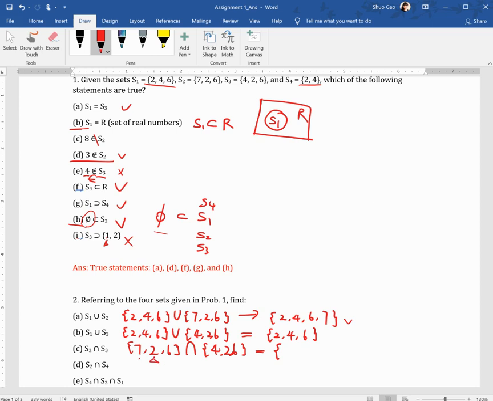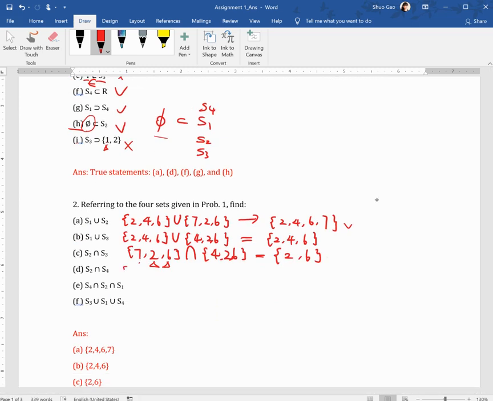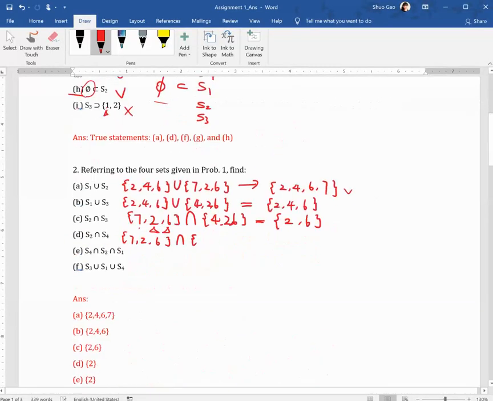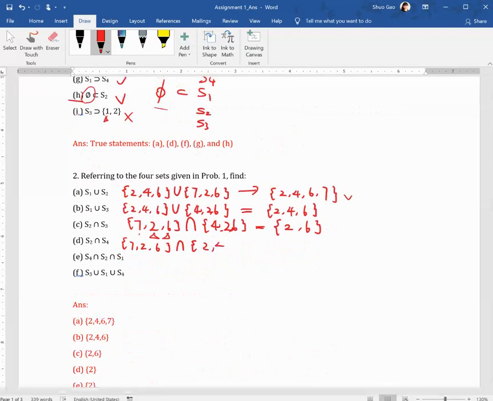So the 2 common, or shared, elements are 2 and 6. And S2 intersects S4. S2 again is 7, 2, 6. And S4 is 2, 4. So the only common element is 2. 2 is in both sets.